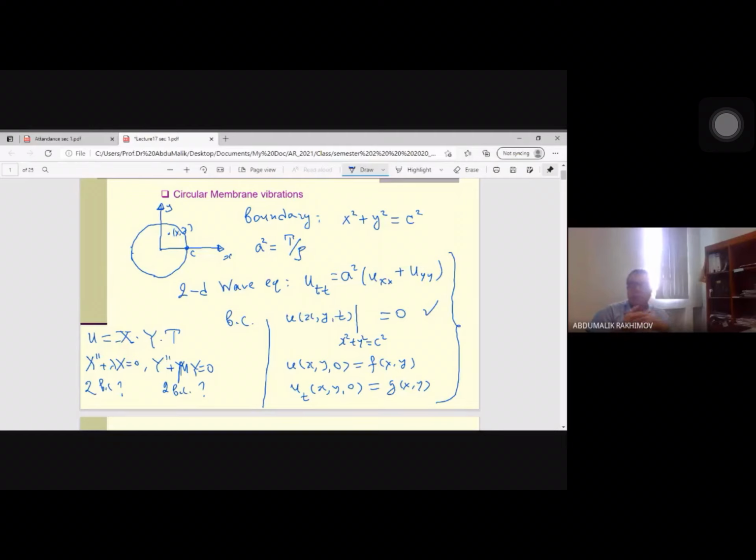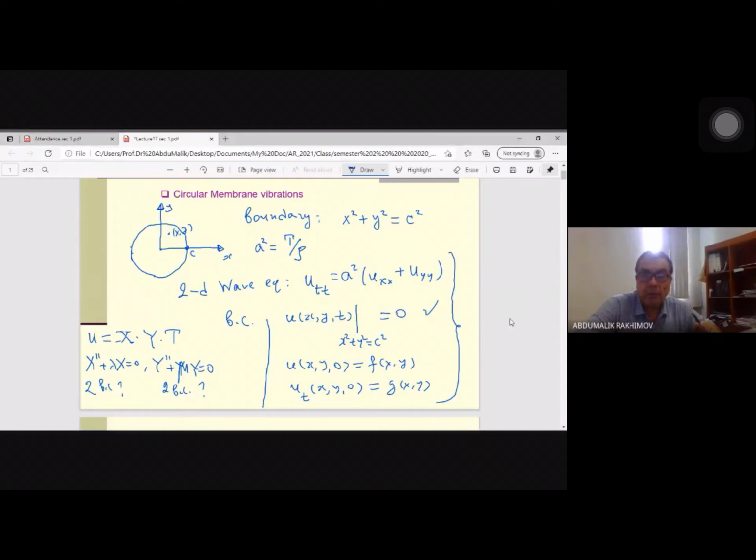The solution is that we have to change the system of coordinates. We did something like this for heat conduction in a circular plate. If you remember, in heat conduction in a circular plate, in order to solve the problem, we went to the polar system.